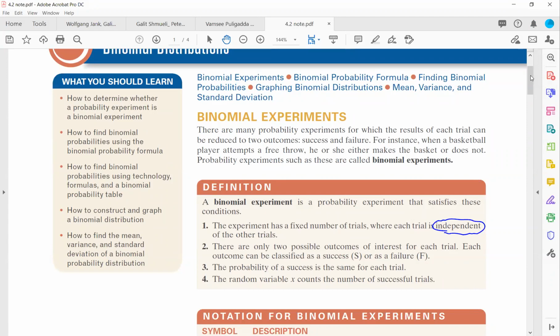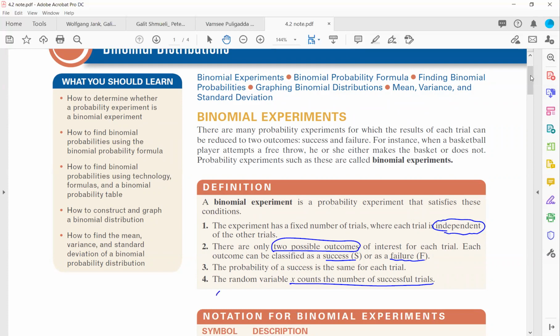The second condition, there are only two possible outcomes, no more than two. Each outcome can be classified as a success, S, or as a failure, F. The third condition says the probability of a success is the same for each trial. And fourth, the random variable x counts the number of successful trials in your experiment.